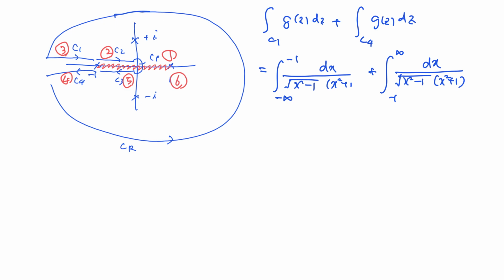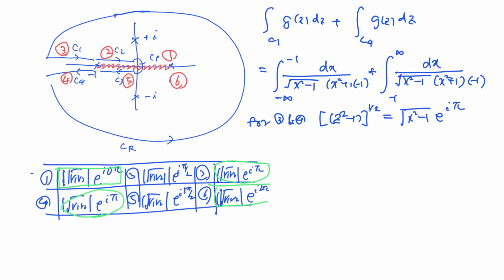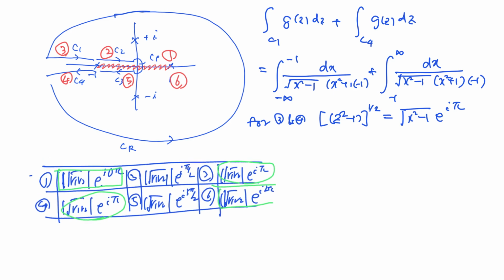Because for 3 and 4, this function is just x squared minus 1 with exponential i pi, right? 3 and 4 is minus infinity to minus 1, and minus 1 to infinity. And this function is i pi, so it's minus 1, right?